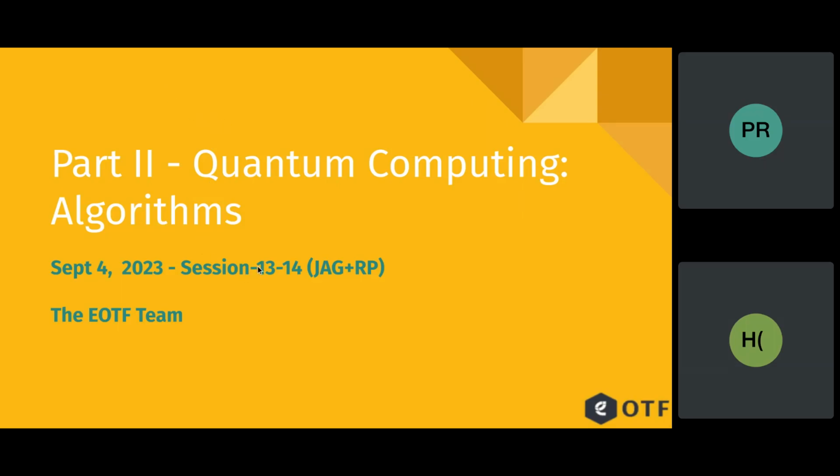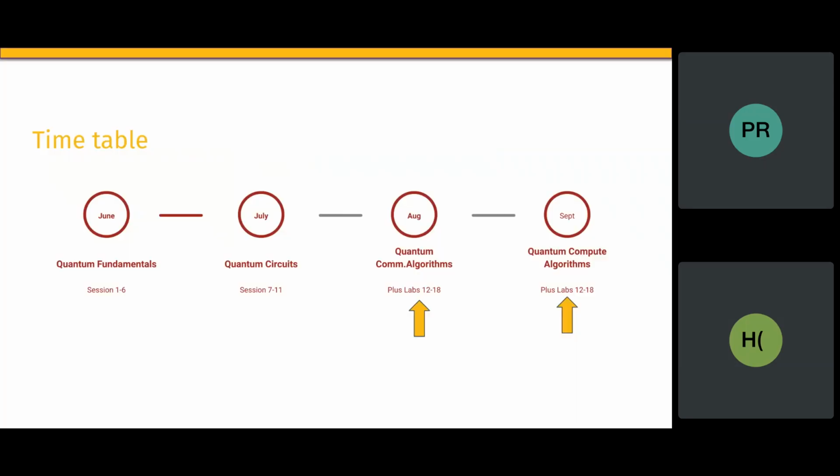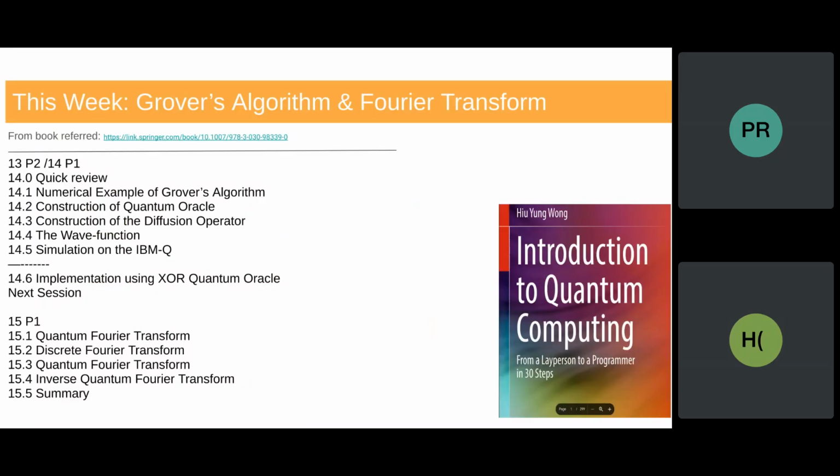September 4, our recording did not happen properly, so I had to redo it. I'm just reviewing that we had completed the first part of the Grover search algorithm, and that was at the 13.